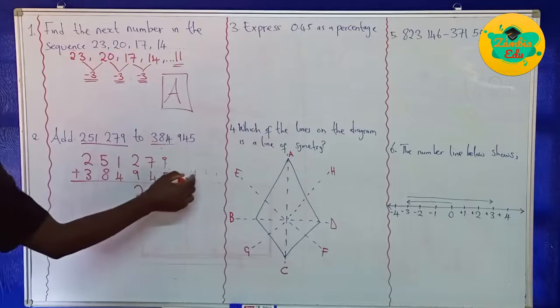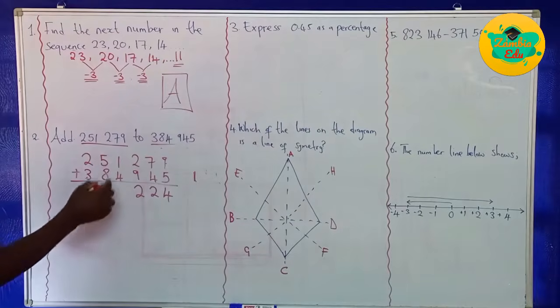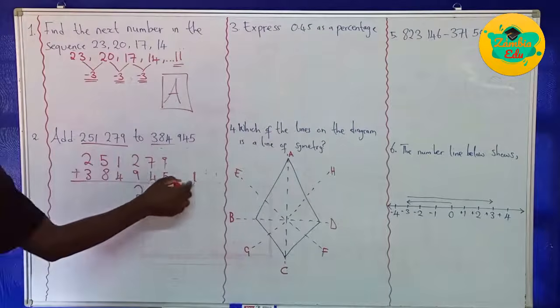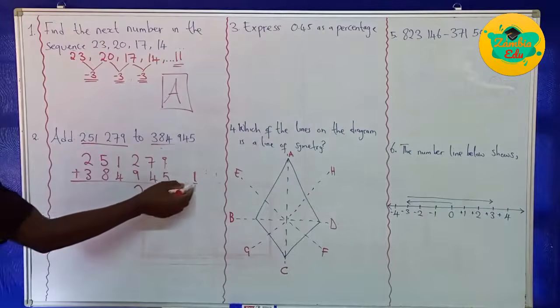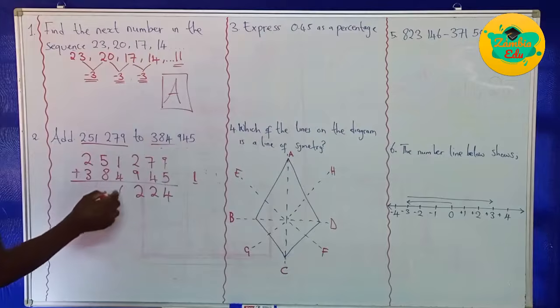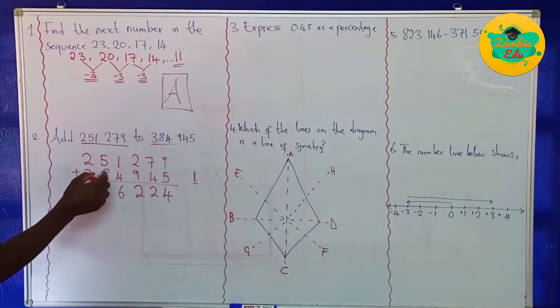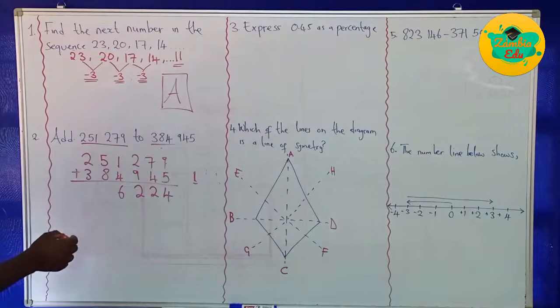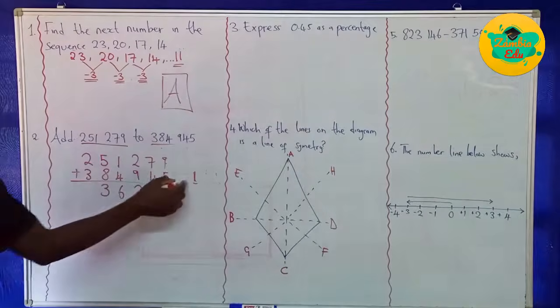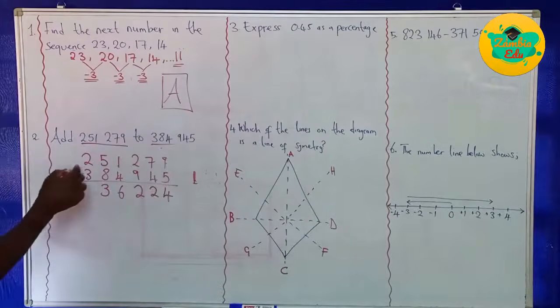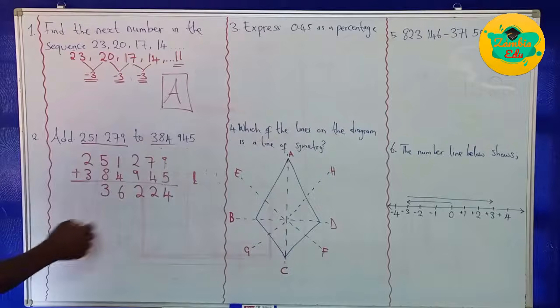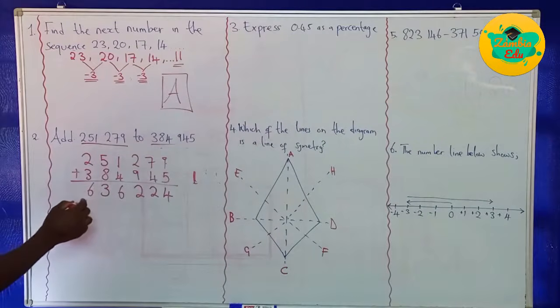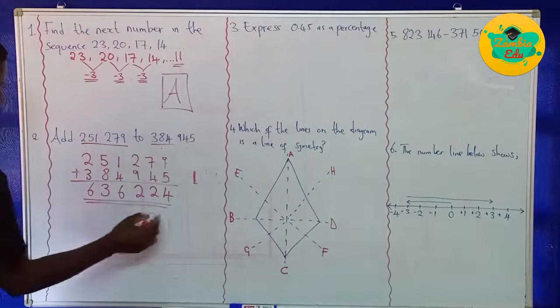So 2, carry 1 again. 1 plus 4, 5. Plus that remainder, the number that we carried, we have 6. 5 plus 8 is 13. So 3, carry 1. 2 plus 3, 5. Plus 1, 6. And that becomes our answer.